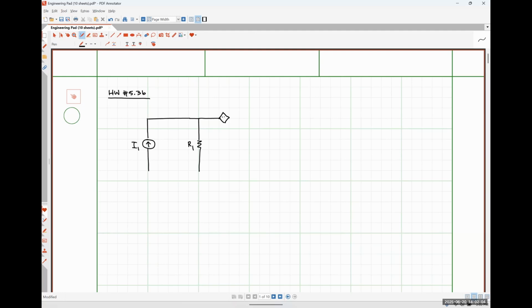Then we've got this dependent voltage source, 5IY. Here is some resistor R2, and the current flowing down through R2 is our controlling variable IY. And then lastly, over here on the right, we have a current source I2.